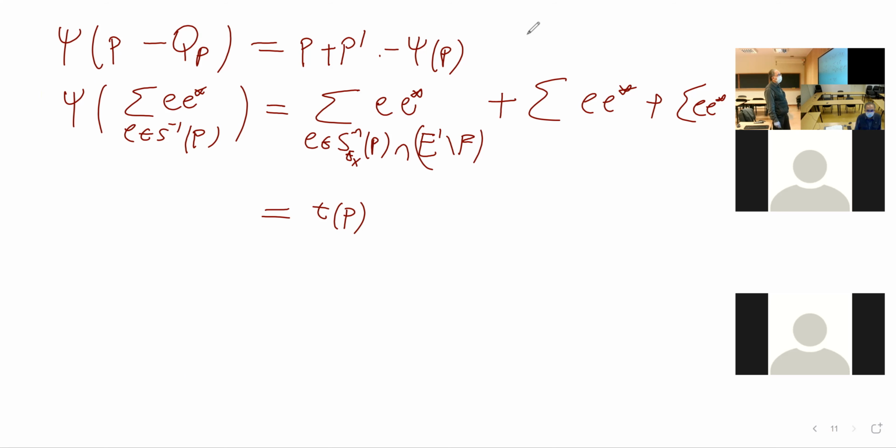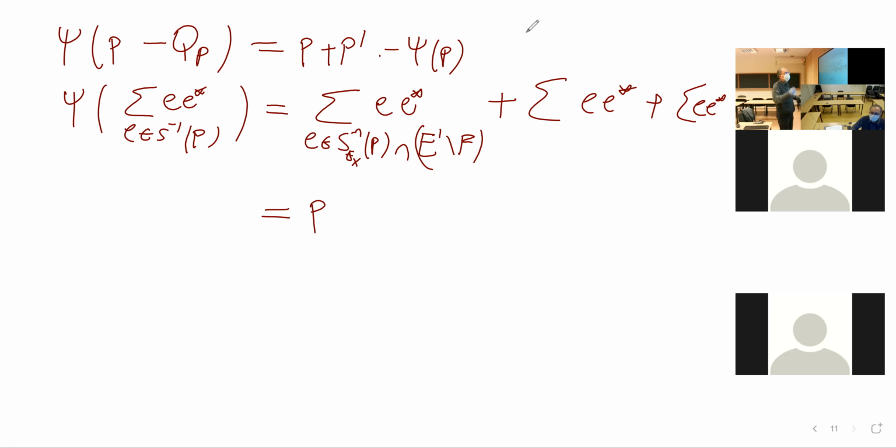And I hope that's what we want. Sorry, P, what am I saying? This is nonsense. This is just P. P is an edge. So this is good. This is what we started from.